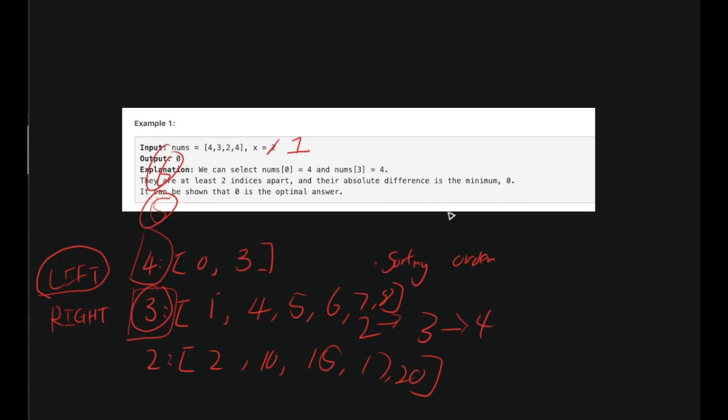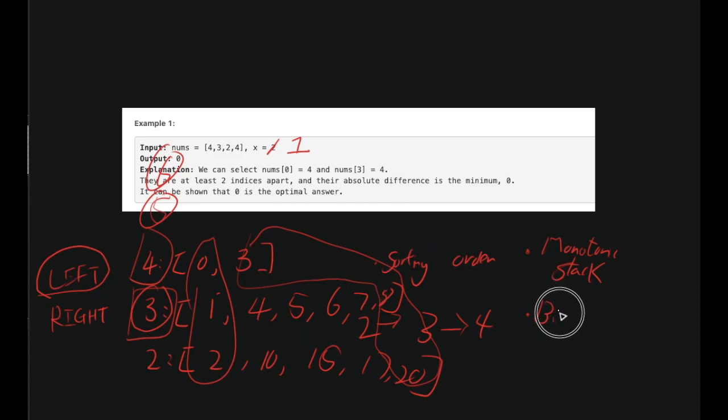So what I'm trying to say is that we should maintain a monotonic stack for the leftmost and a monotonic stack for the rightmost index. And then we can perform a binary search after having this stack, because a monotonic stack is sorted in order.